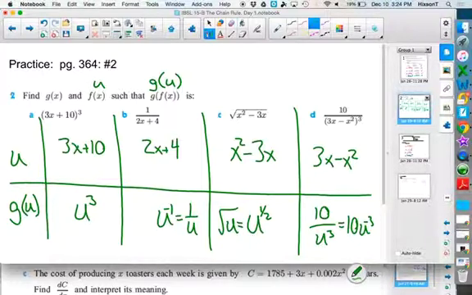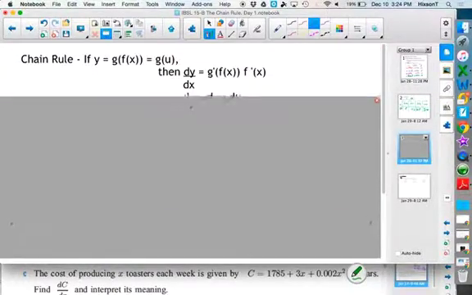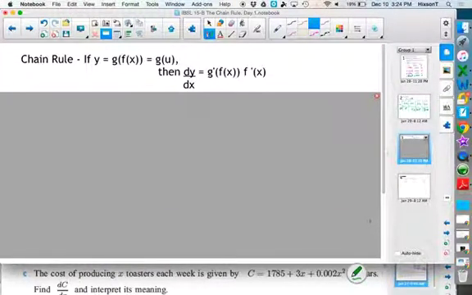So, let's actually look at what the chain rule tells us. Here's the chain rule, and we're going to look at it with both types of notation, the prime notation and the dy dx notation. If y is a composite function g of f of x, or we could write it as g of u, then dy dx is g prime of f of x times f prime of x.